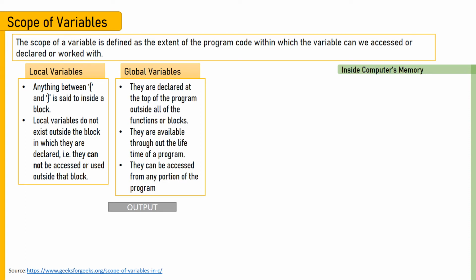Meanwhile, global variables are declared at the top of the program, outside all the functions or blocks. They are available throughout the lifetime of a program. They can also be accessed from any portion of the program. Hopefully, you now clearly understand the difference between local and global.